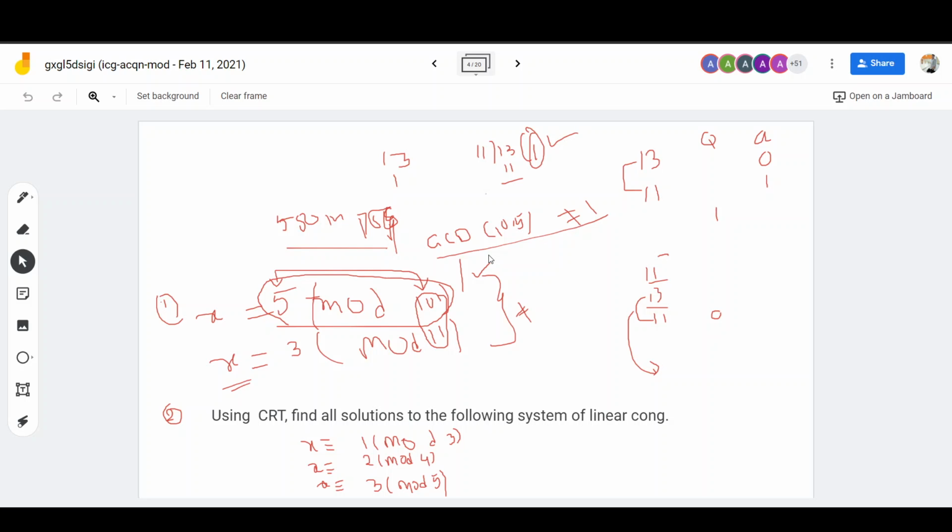If this is okay, where is the problem here? Sir, when I was calculating, just wait. You need to find M1 and M2. So M1 is going to be equal to 11, and M2 is equal to 10. You need to find the Y1 value.